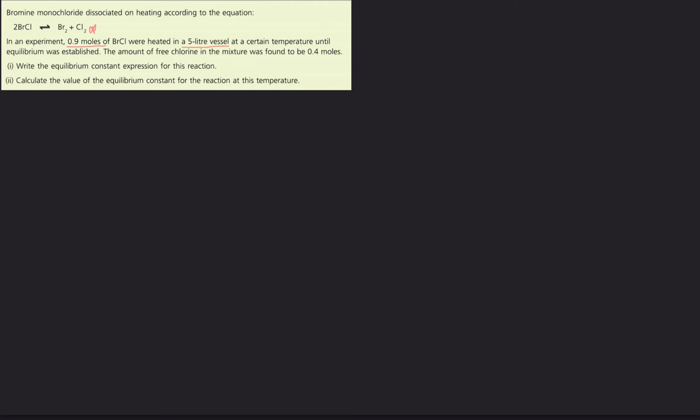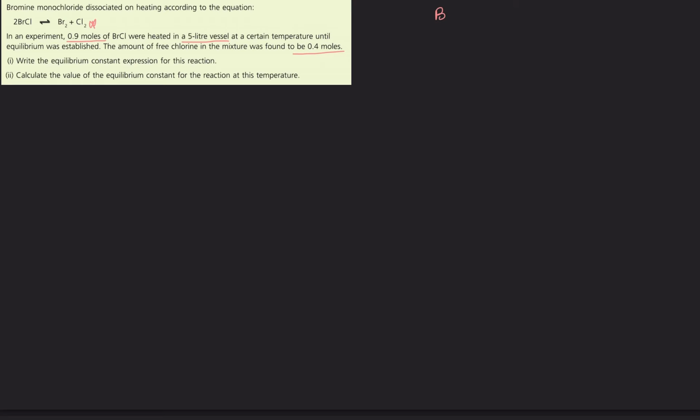And we have a concentration at equilibrium. Write the chemical equilibrium expression for this reaction, and then find out what the actual value is. The expression is easy enough to write out. It's your products to the power of their coefficients, over the reactants to the power of their coefficients.